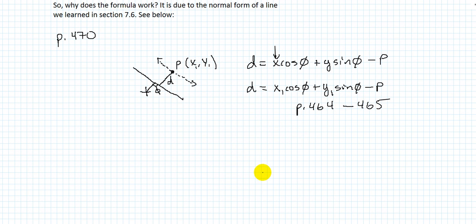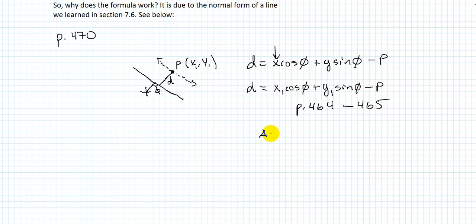And likewise, what happens there is you're substituting sine phi and cosine phi and p, and if you look near the bottom of page 465, go ahead and turn to that right there.